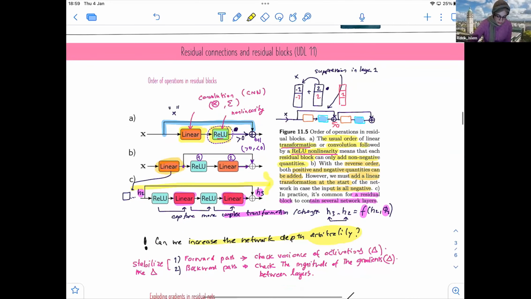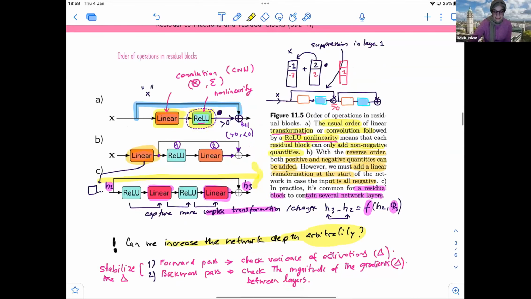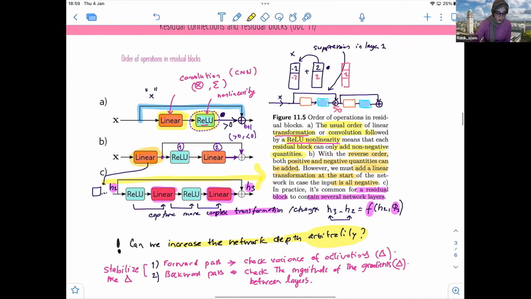There are two things we need to think about when investigating the question of network depth adaptability. The first is the forward pass, and the second is the backward pass. In the forward pass, we need to look at the activations.